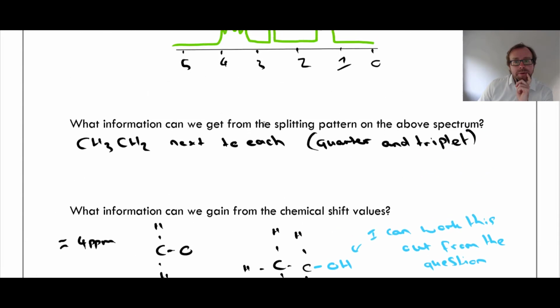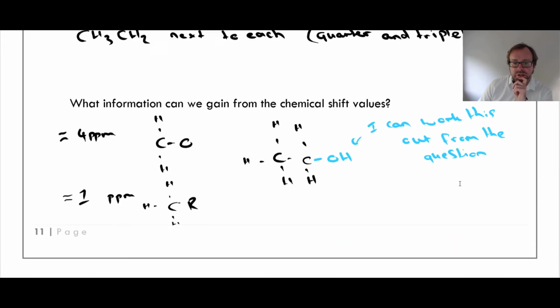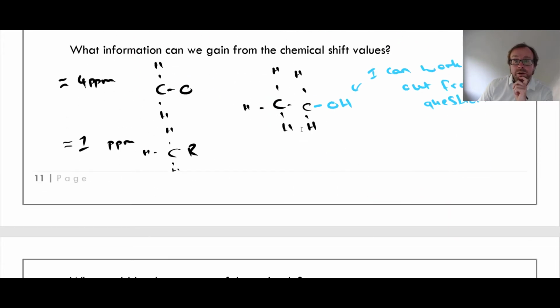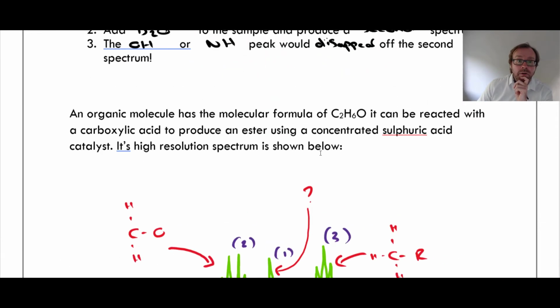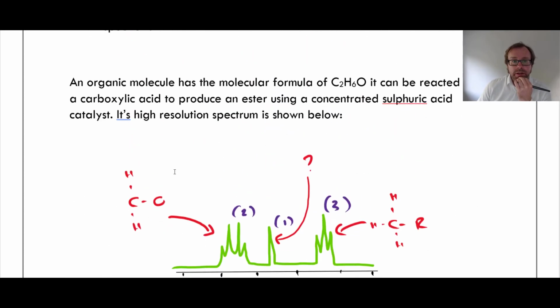What information can we gain from the chemical shift values? Well, we can use our chemical shift to work out this is probably CH2O. I'd say we don't really know what this one is at the minute. And our third one would be CH3 attached to R. We know that CH3 and CH2 are going to be next to each other. From the question, if I know my organic molecules, if I react a carboxylic acid with an alcohol, it's going to produce an ester.